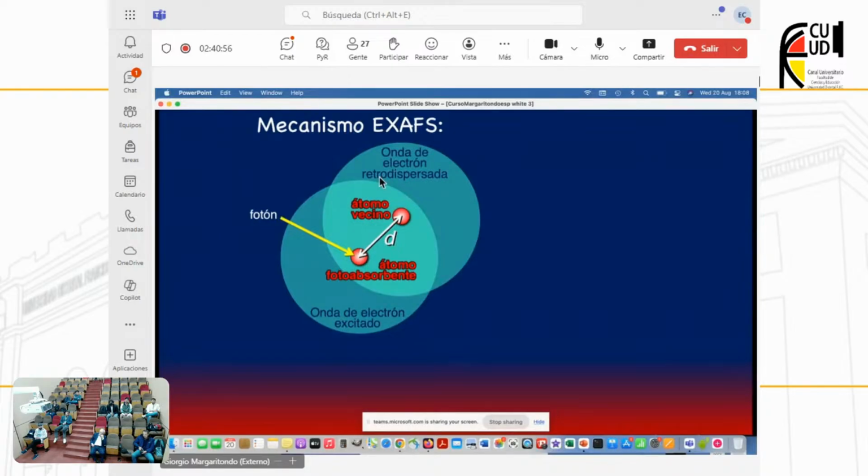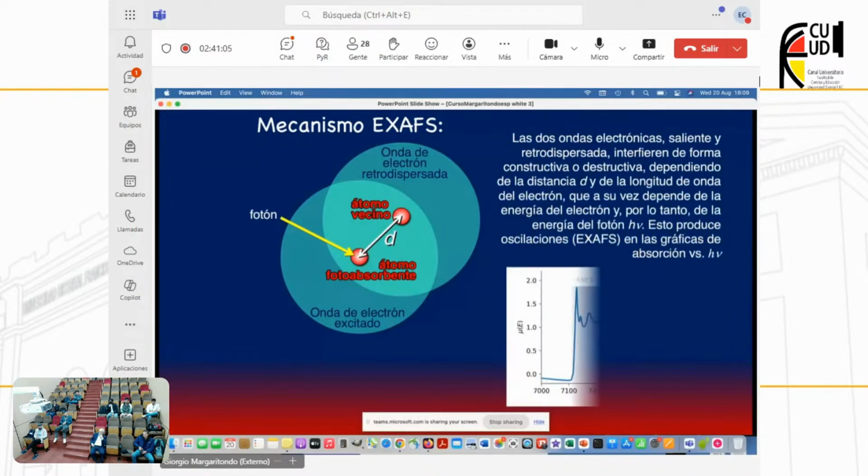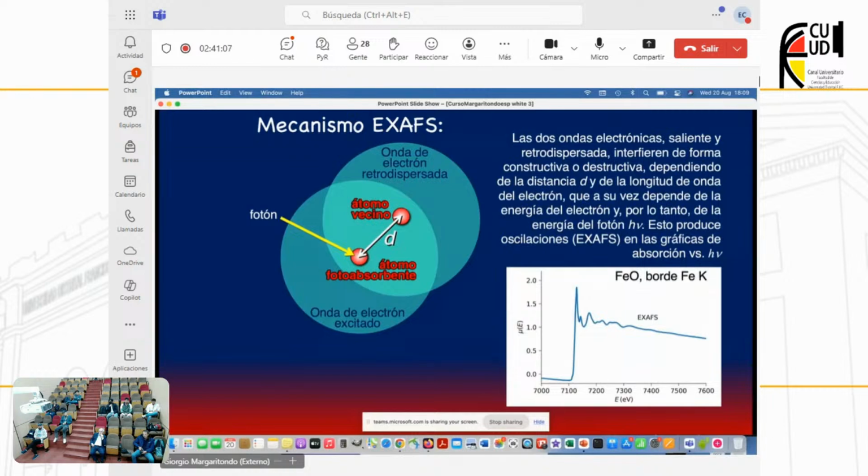To make things very simple, since these are waves, the interaction can be either constructive or destructive, and this depends basically on the wavelength of the electron, which is related, as we know, to the electron energy, which in turn is related to the photon energy, because if you are putting more energy with a photon, you're getting more energy for the electron.